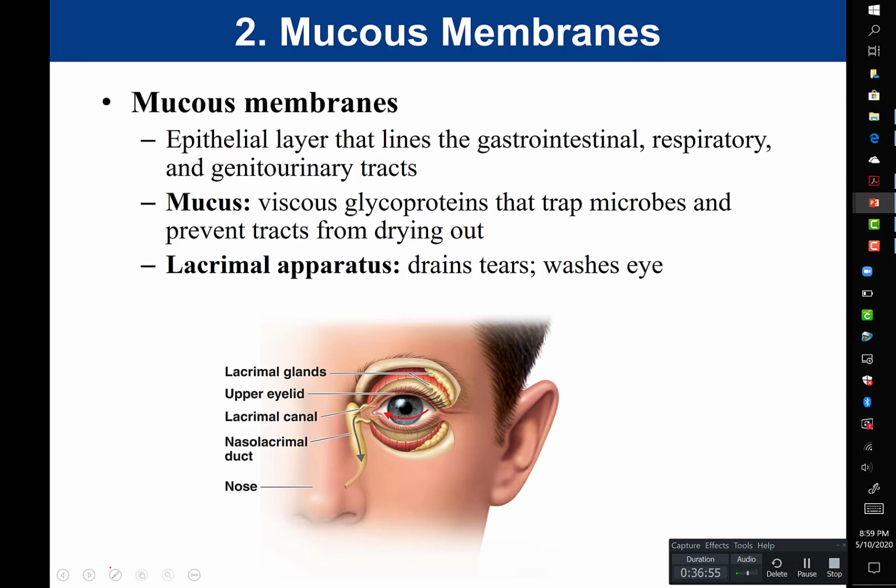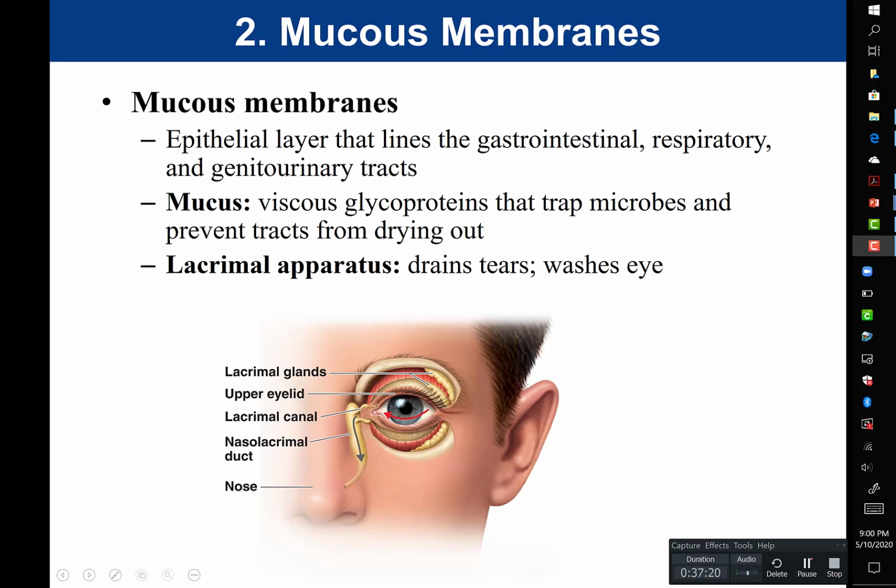And so this is very non-specific. It's not targeting any particular microbe, but it's targeting non-specifically. And so that mucus coat impedes entry and attachment of the bacteria. So it prevents the bacteria from getting into the body.